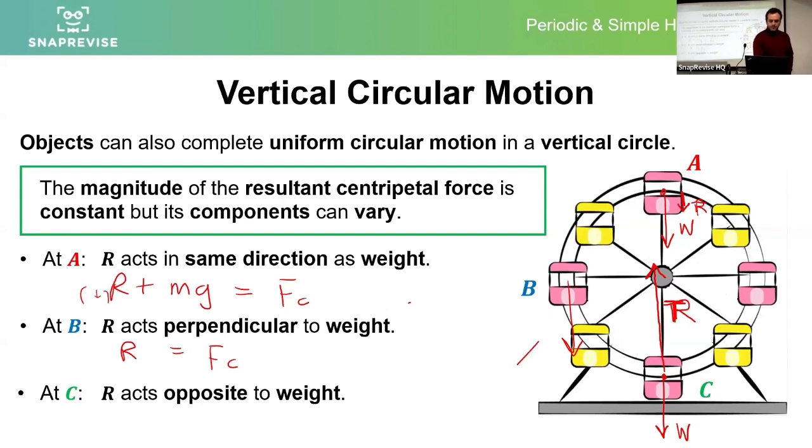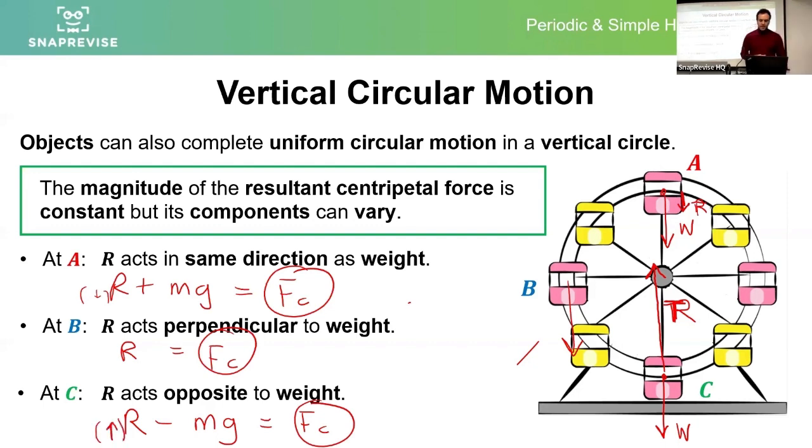At C, I'm afraid R has to act against the weight. R minus mg is equal to Fc. The size of Fc is constant, so what changes is the magnitude of R. R is a reactionary force in this instance. It changes its size as the carriage goes around the wheel.